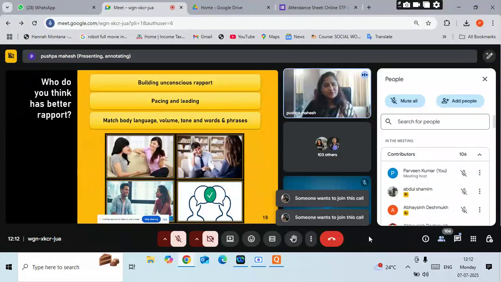You enter a room, there are 10 people in different chairs, 10 chairs are empty, but you feel attracted towards one person and go and sit with them because of this unconscious rapport between you and them. Then you'll say, I came into the room, saw everybody, liked you, and that's why I came and sat with you. That's not any random reason, it's because of that unconscious rapport. You feel comfortable and good with them because something was working there.